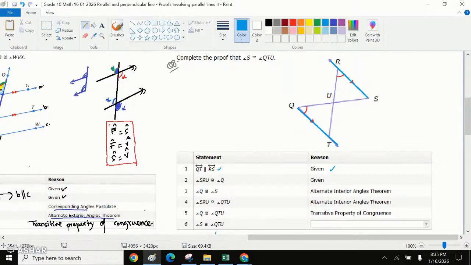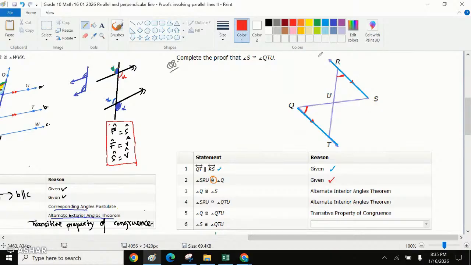It's already given. The second thing they're saying is angle SRU is approximately equal to, this sign is approximate or equal, right? We consider it to be equal. So SRU, let's see, this angle equals this angle. We saw this property.